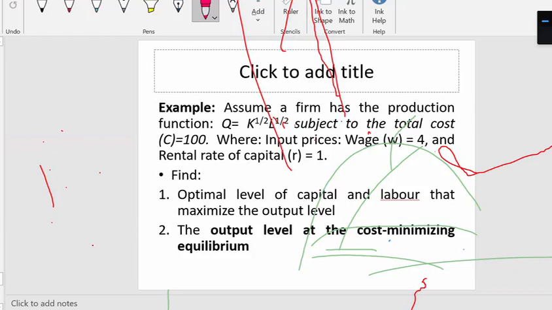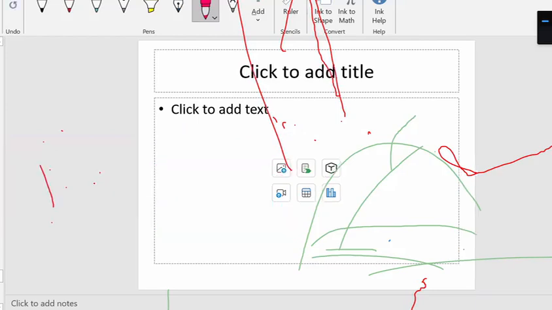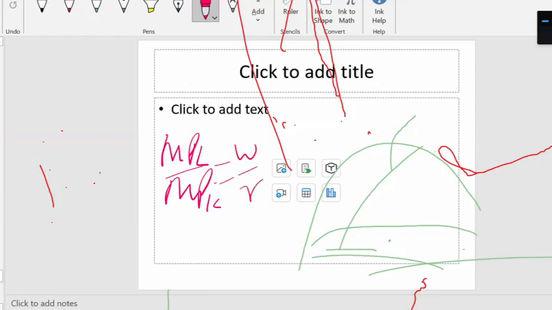The output. Manake we maximize output na kureduce the cost of what? You know the condition. Tunasema condition ya profit maximization, marginal product of labor over marginal product of capital is equal to what? W divided by R. That's why I'm telling you, keep in your mind this one.